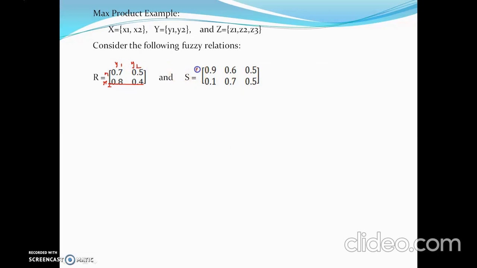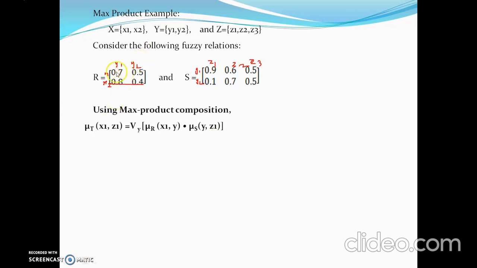Here the S contains Y1, Y2 with Z1, Z2 and Z3. Now we proceed the same thing for a max product.